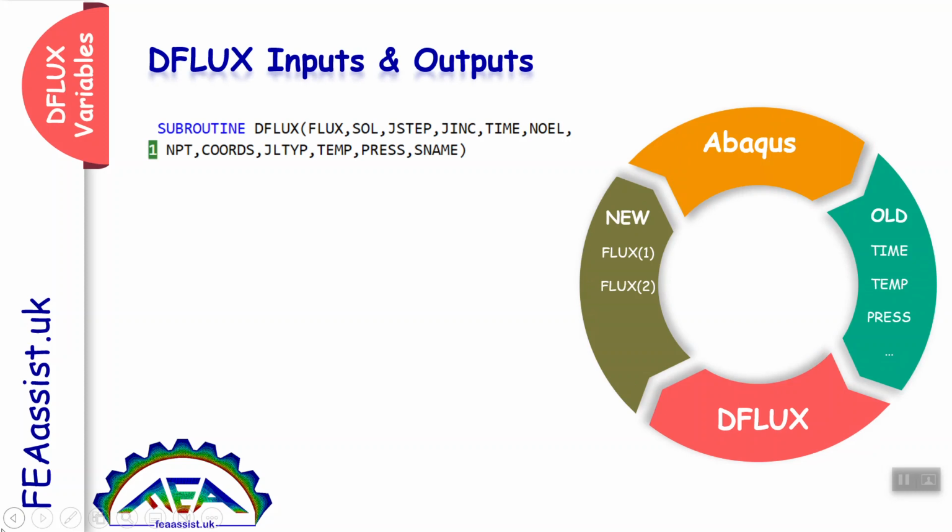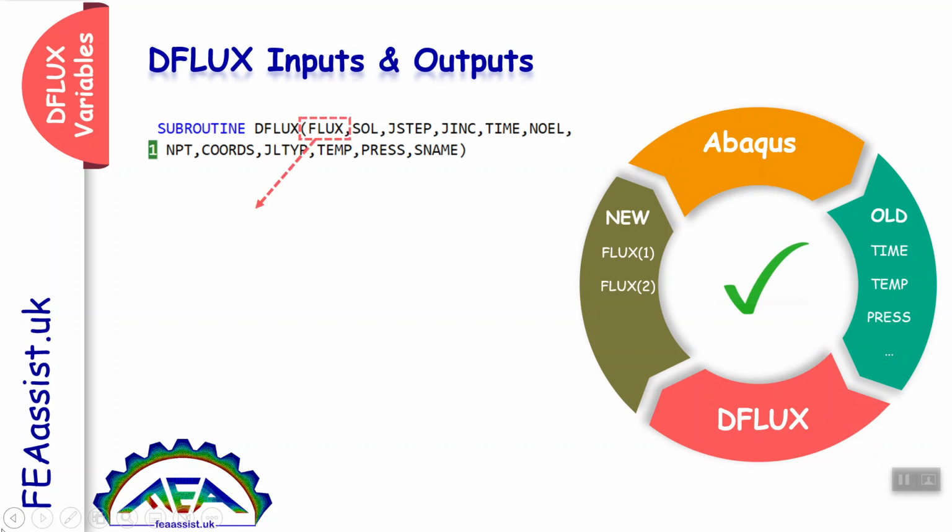Again, Abaqus gets flux 1 and flux 2 and computes the new variables: time, temperature, pressure, and other variables. So this is how Abaqus and DFLUX interact with each other. We need to well understand this interaction to write good DFLUX subroutines.